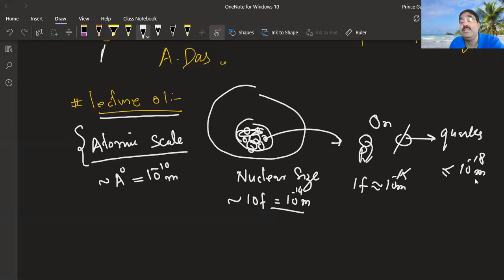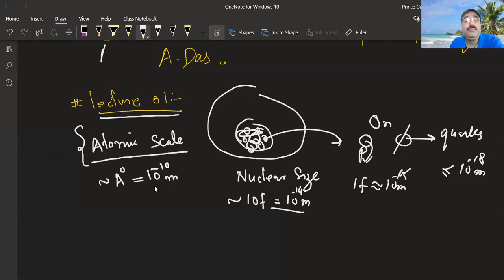Beyond this scale, of course, mathematically, we do have the concepts of strings and string theory, but experimentally, this is the final length scale we can probe, right? So we do not go beyond this scale, right? So I started from the atomic scale and I went down because I'm going to deal with the nucleus and the particles, fine.